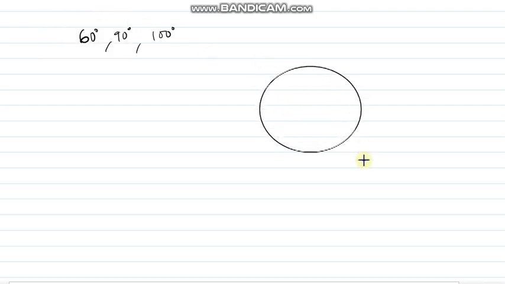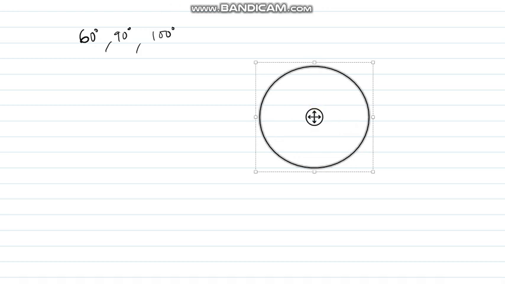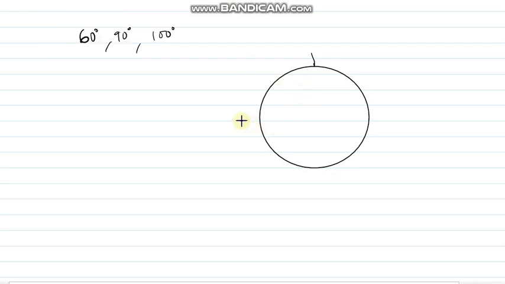Suppose I have one circle and the radius of the circle is r units. In this circle, if I get an arc whose length is also r units, so the radius of the circle is r units and the length of that arc is also r units, then this angle is known as 1 radian.